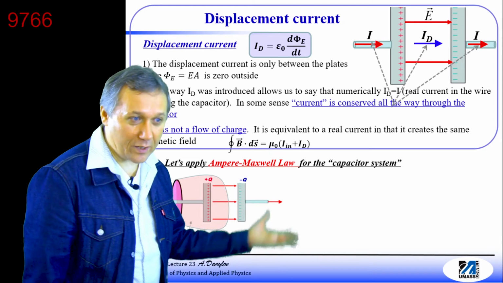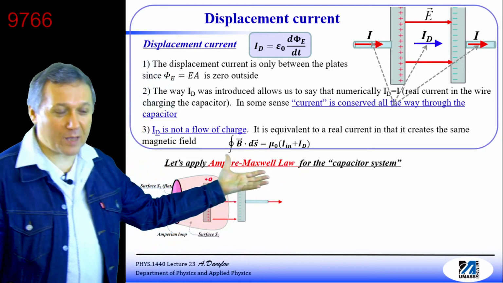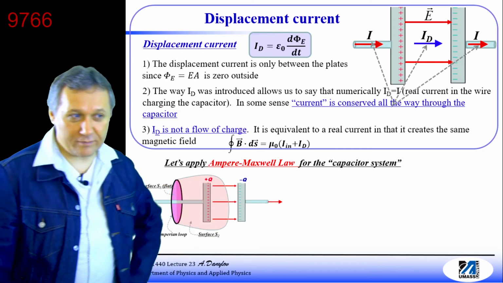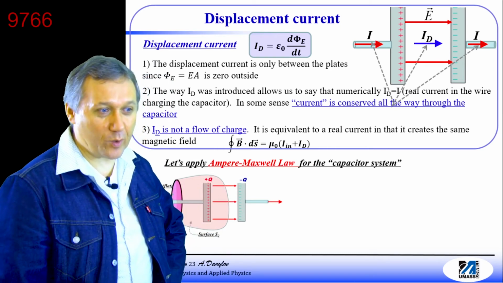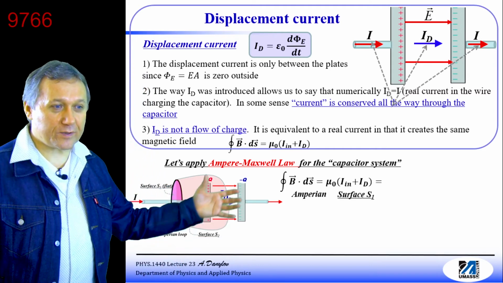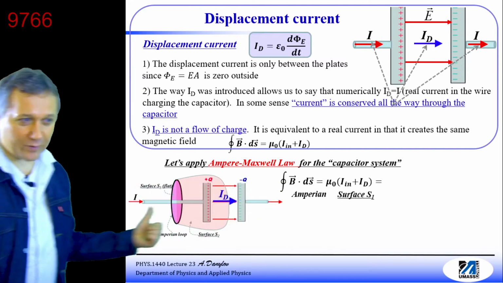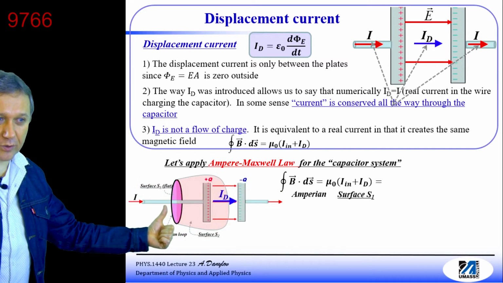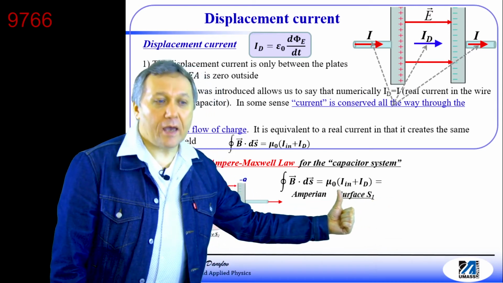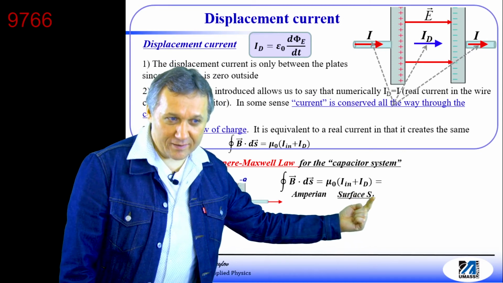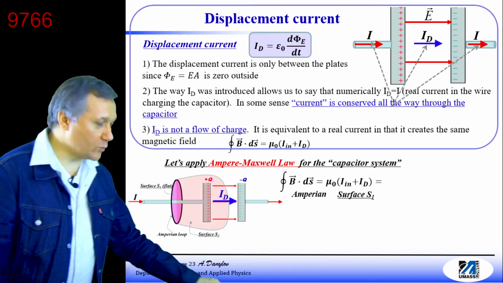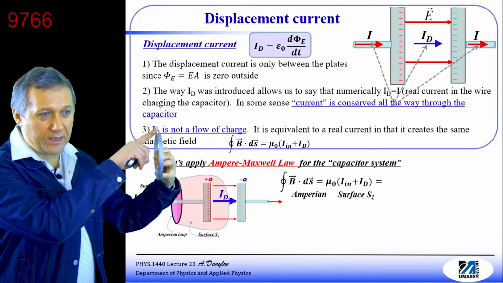Now we have the Ampere-Maxwell law, and let's apply it to this situation to see if we fix the problem. Maxwell fixed the problem. Let's start with surface S1, the flat, purplish surface within the Amperian loop. Here we have I in, an actual current, and this is a displacement current.